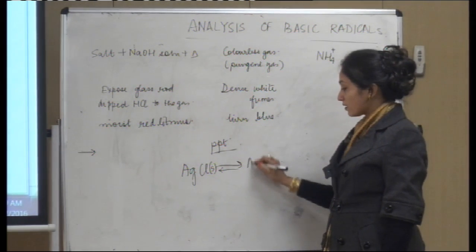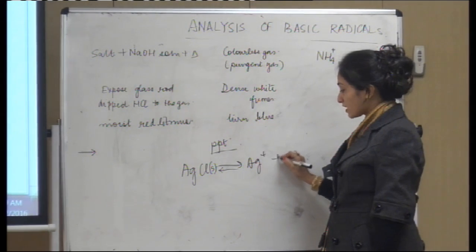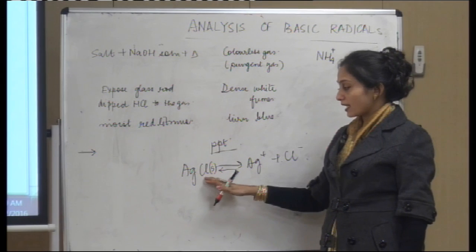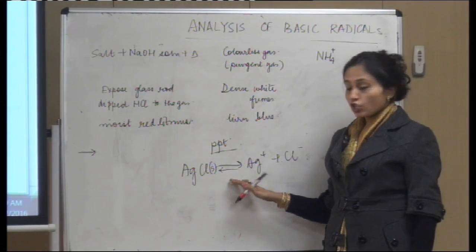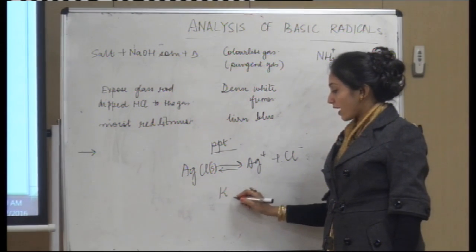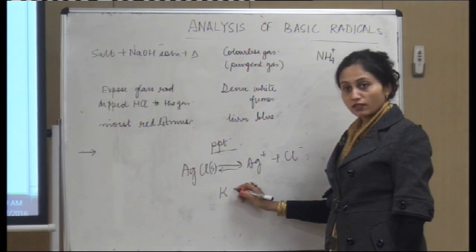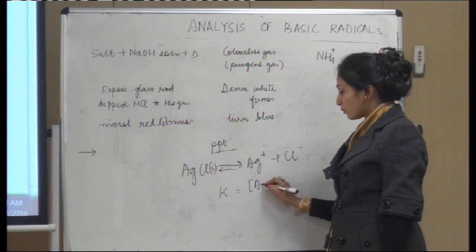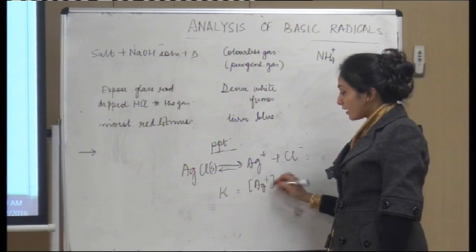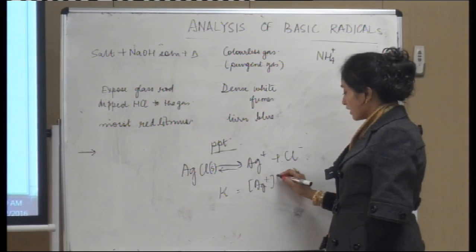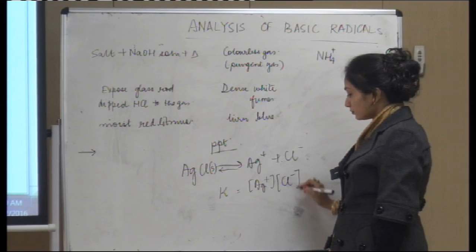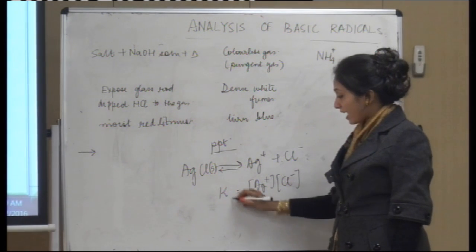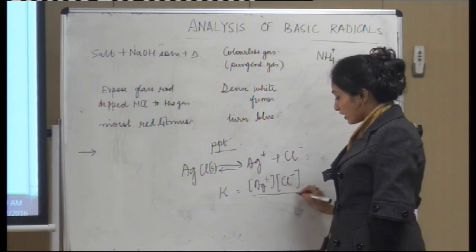AgCl will give you Ag plus and Cl minus. If this reaction is a sparingly soluble salt, and I write down the equilibrium constant for this, what will that be? That will be Ag plus in aqueous media times Cl minus upon AgCl solid.